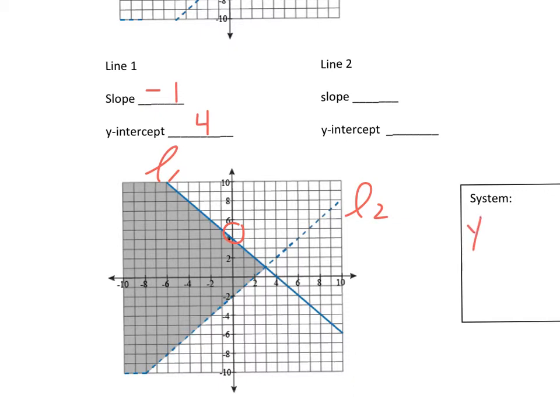It's going to be y, and this is shaded underneath line 1, so it's less than or equal to, because it's a solid line: negative 1x plus 4. Line 2, the slope is 1 and the y-intercept is negative 2, and it's a dashed line shaded above it. So it's going to be y is greater than x minus 2.